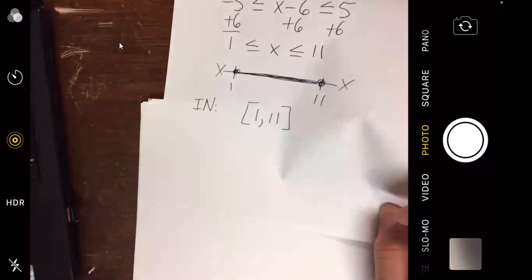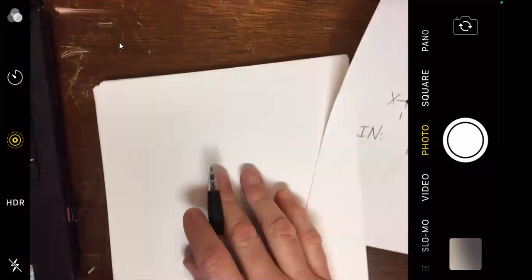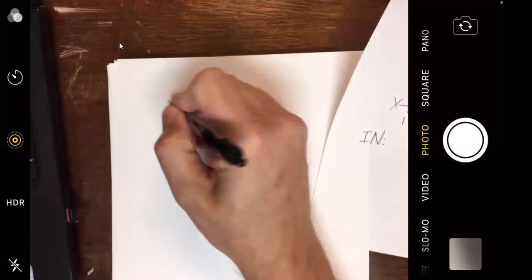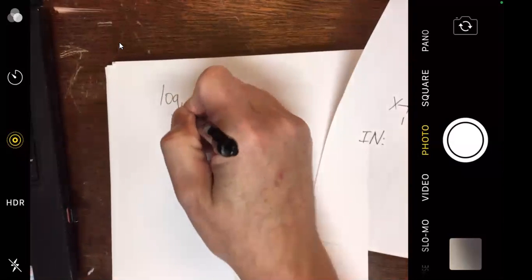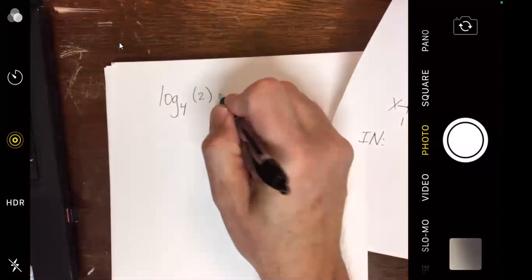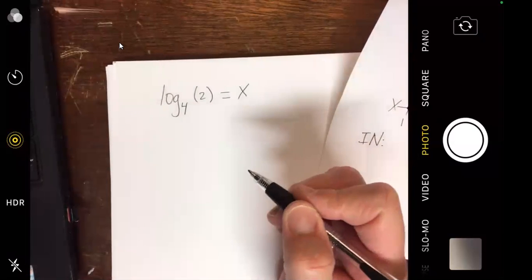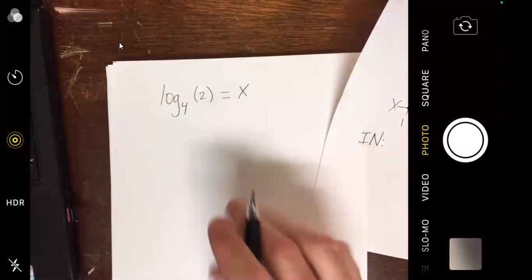We got superscripts, subscripts. I've got his chat on my screen, Mr. Paul. I'm sorry. I hope you feel better. Do you mean this? Base 4 of 2. See, that's not times 2 equals x. Yes, that's what he means. Okay.